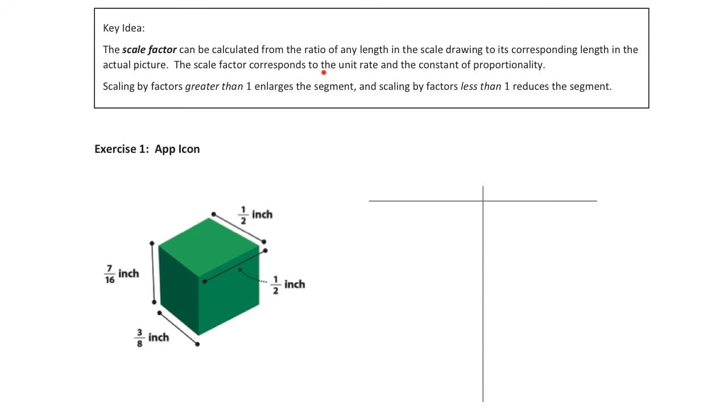The scale factor corresponds to the unit rate and the constant of proportionality. Scaling by factors greater, this is important, greater than 1 enlarges the segment, and scaling factors less than 1 reduces the segment.